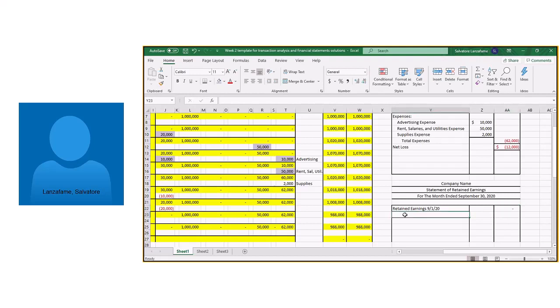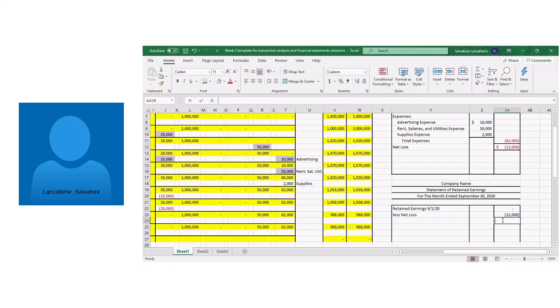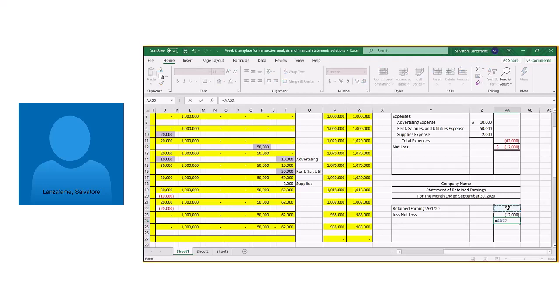Then you would either add net income or subtract net loss. We had a net loss of 12 grand. So 0 less the 12 grand, that's going to give us a negative of 12 grand.